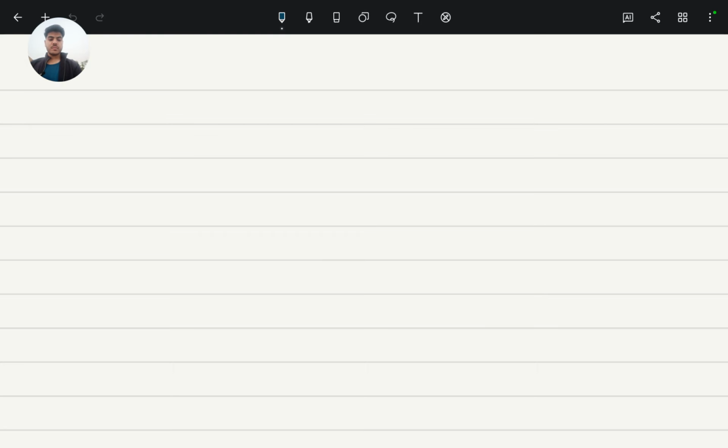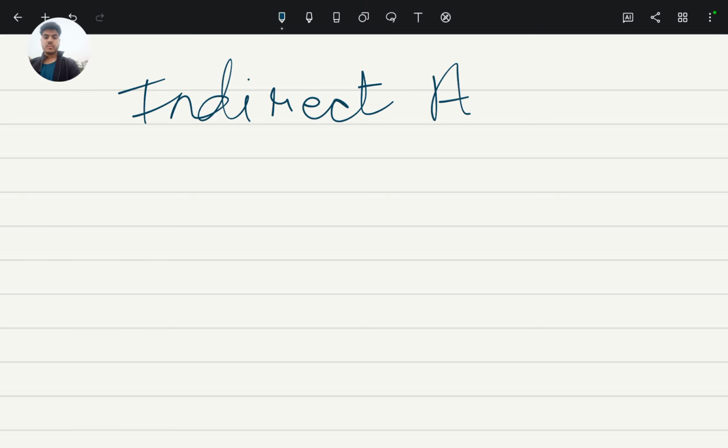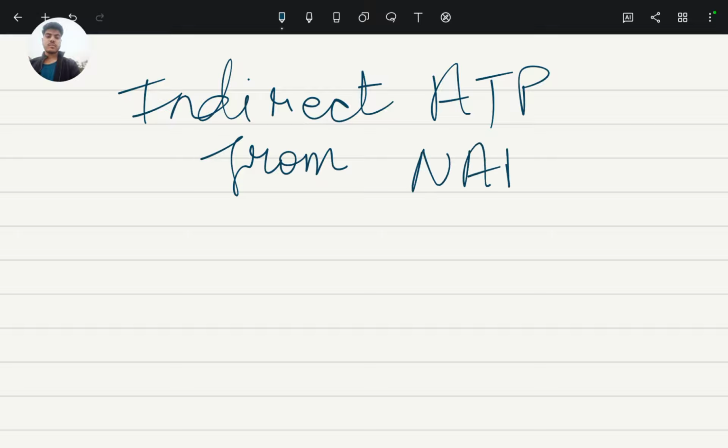Let's take a new page. So indirect ATP from NADH. In our further lecture, we will discuss how this ATP is indirect.